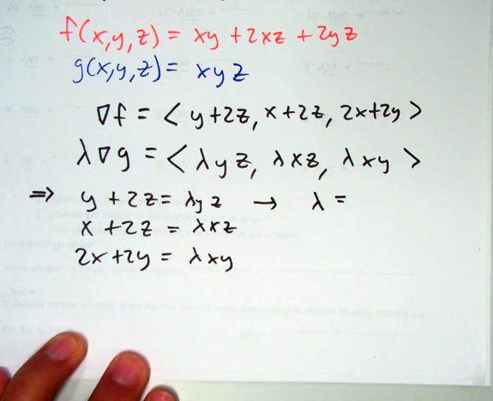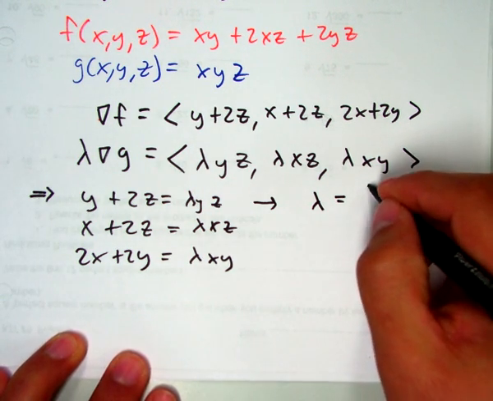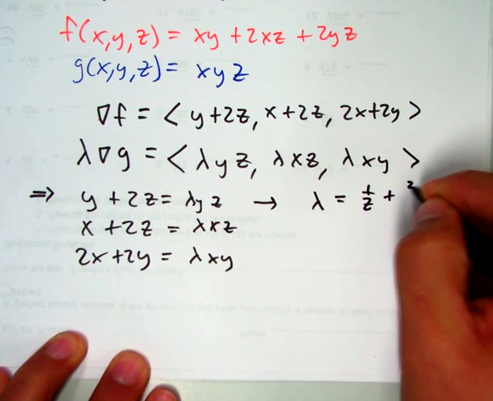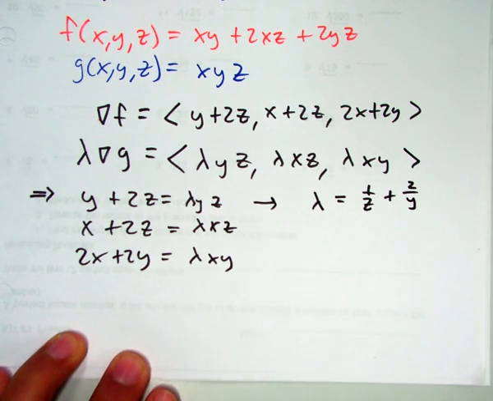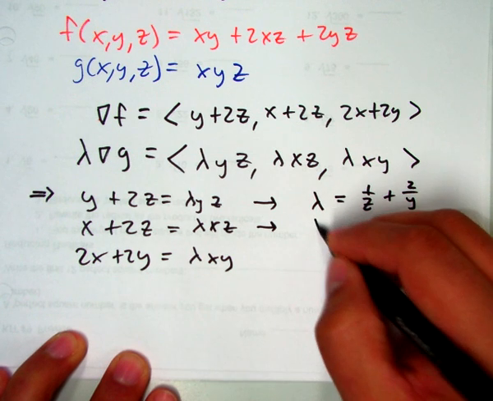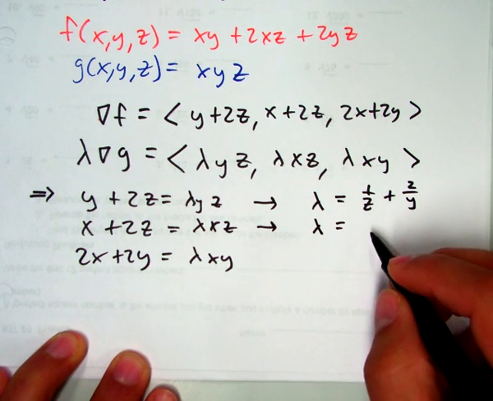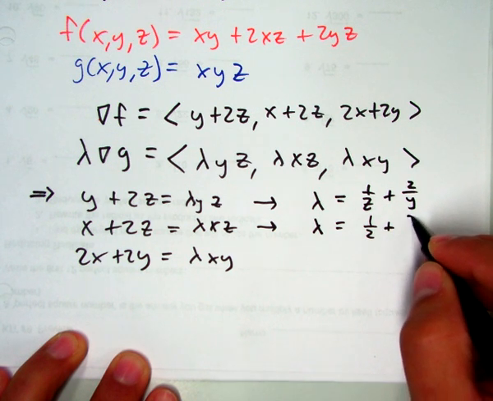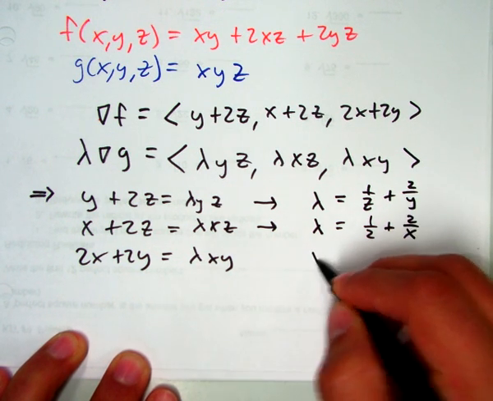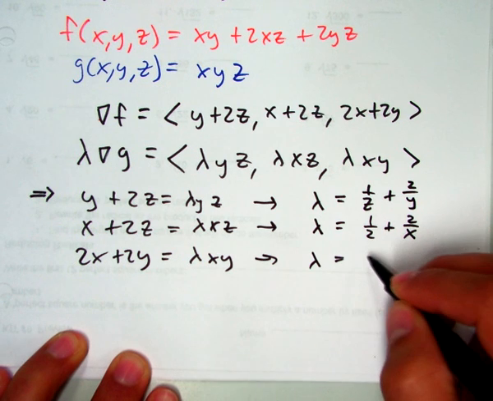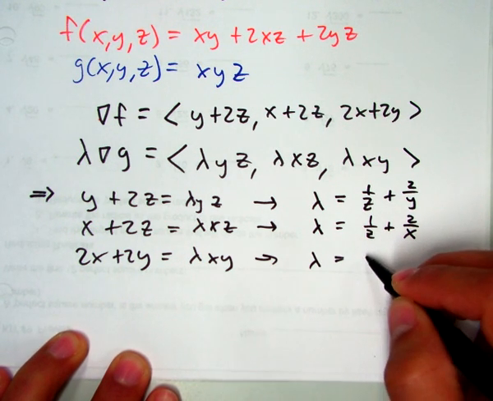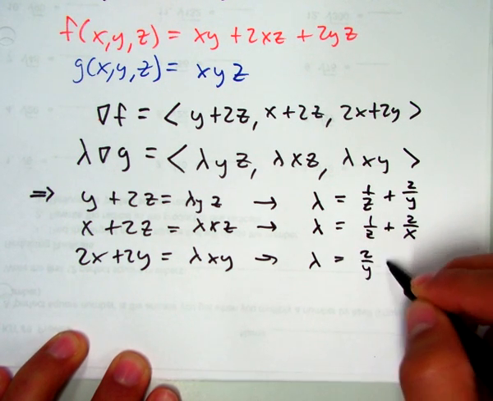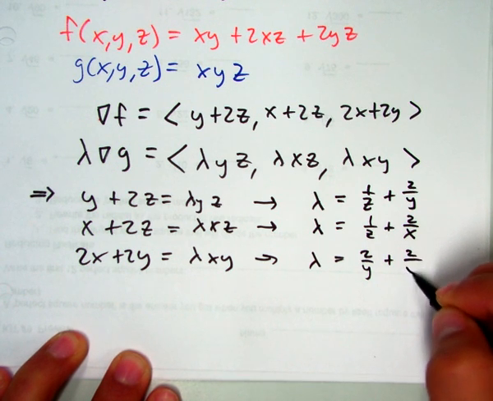So like what plus what? 1 over z plus 2 over y, right? And then lambda here will be, again, 1 over z, but now plus 2 over x. And then here it's 2 over y plus 2 over x.